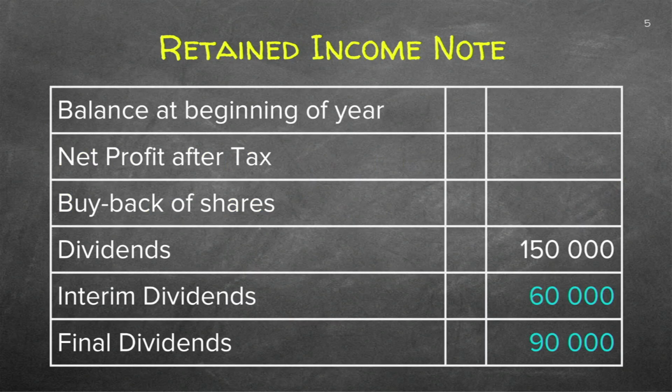If we then move on to our retained income note, you will see that here are my interim dividends, also known as paid dividends, and my final or my declared dividends. So if I were to put these into a box, I have an interim dividend of 60,000. We have our final dividend of 90,000.